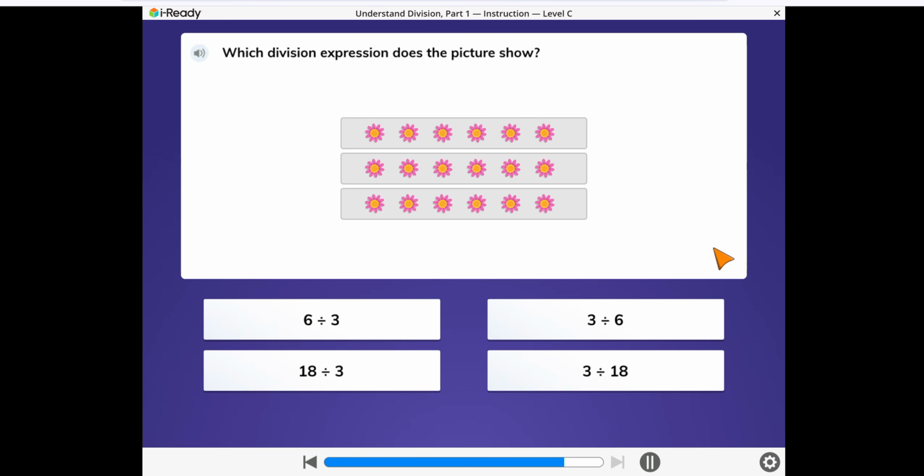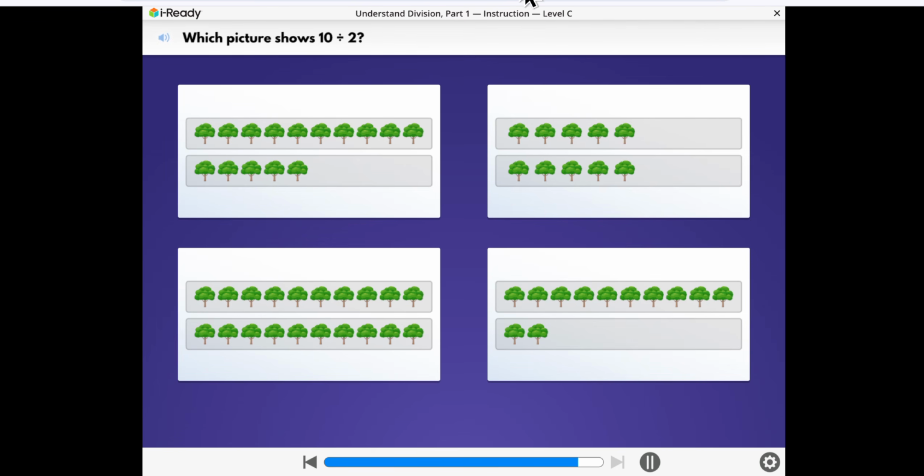Oh, so I have to count all of it. 1, 2, 3, 4, 5, 6, 7, 8, 9, 10, 11, 12, 13, 14, 15, 16, 17, 18. So it's 18 divided by 3. Good job. Which picture shows 10 divided by 2?